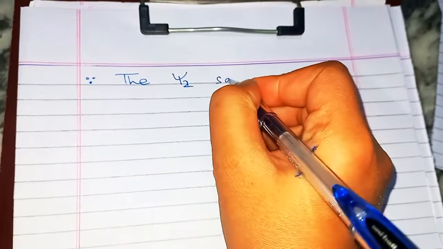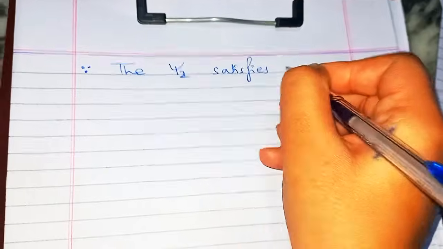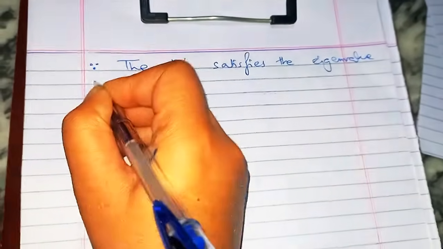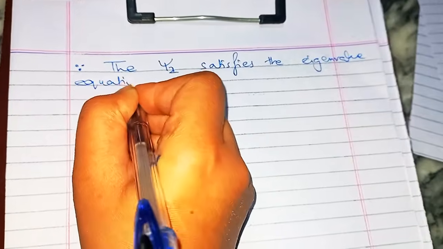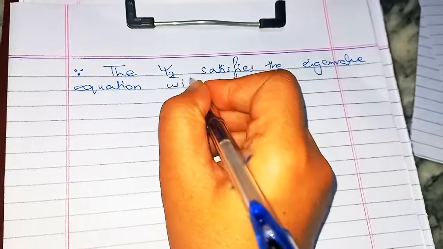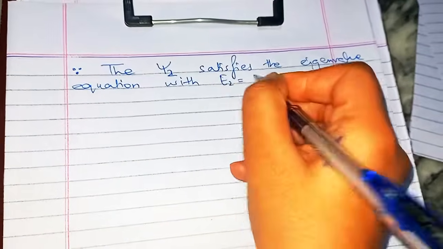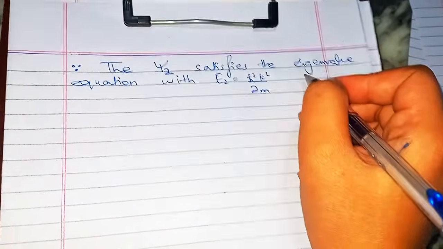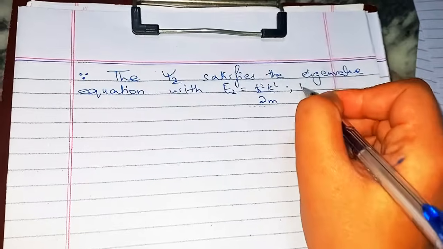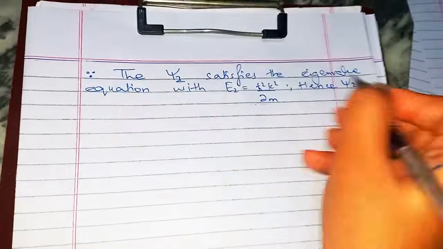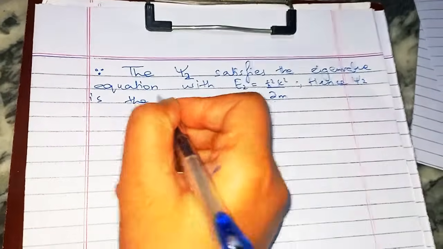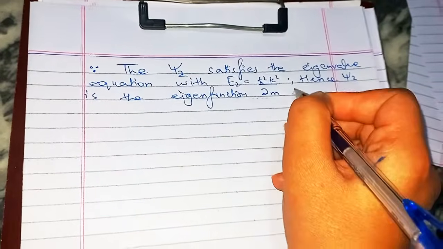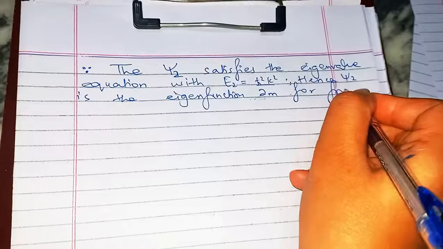Since psi 2 satisfies the eigenvalue equation with E2 equals h square k square by 2m, exactly the same energy as we got for the first case. Hence, psi 2 is an eigenfunction for the free particle Hamiltonian.